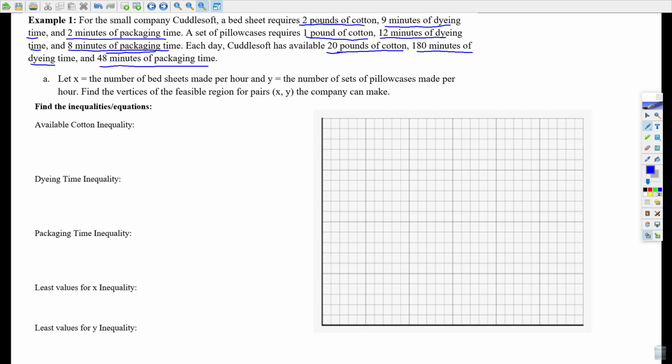So we're looking at this small company, and how much of everything they have. They're using cotton, and they only have so much time to package things. Oh, and also dye them different colors. Okay, so with all that information, we're going to create some inequalities to graph on this coordinate plane.